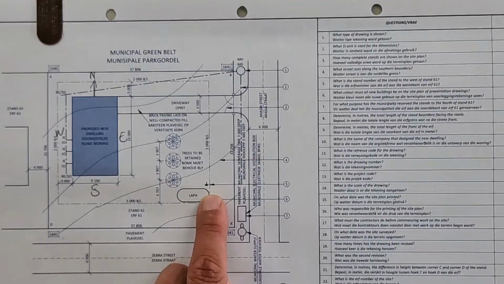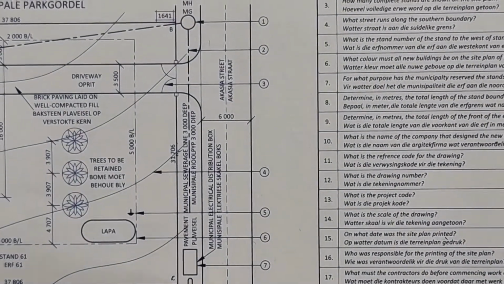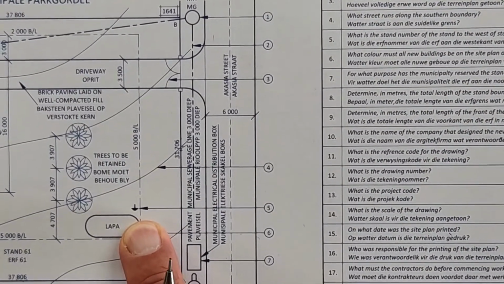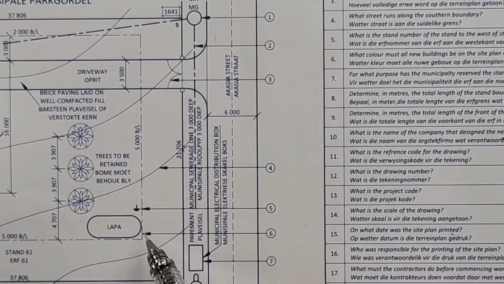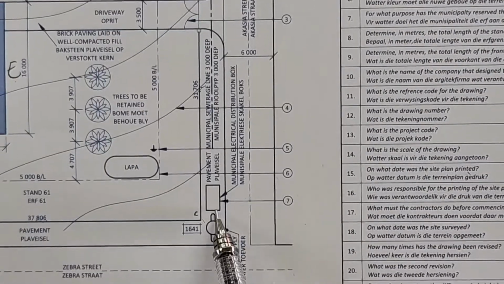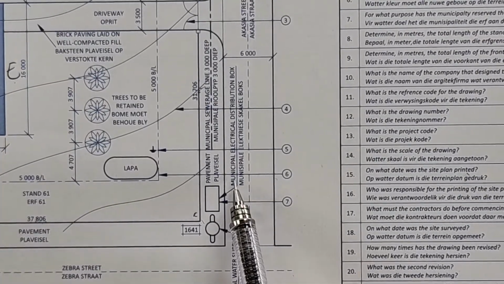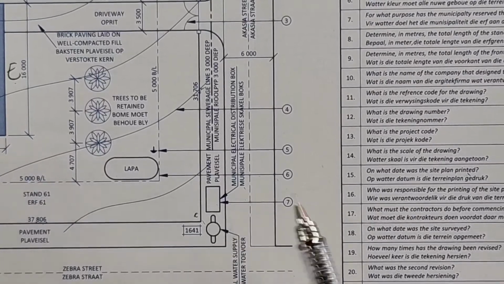Number 5, what is that? It's the earth. Lightning conductor is another word, but the earth. Then number 6 is a building line. Number 7 here is said to be the municipal distribution box, the municipal electrical box.